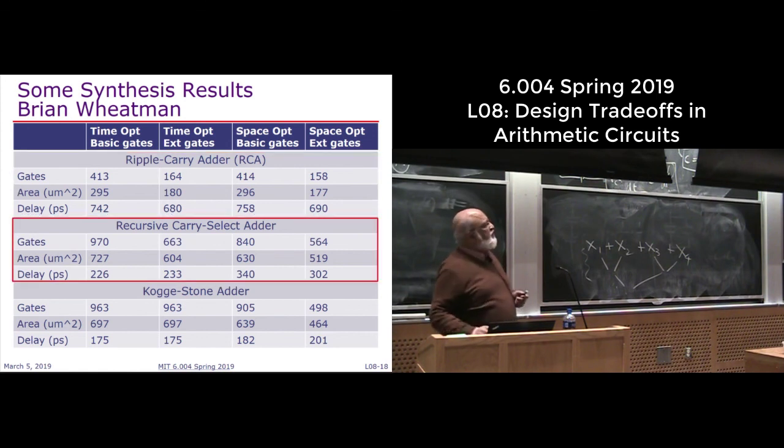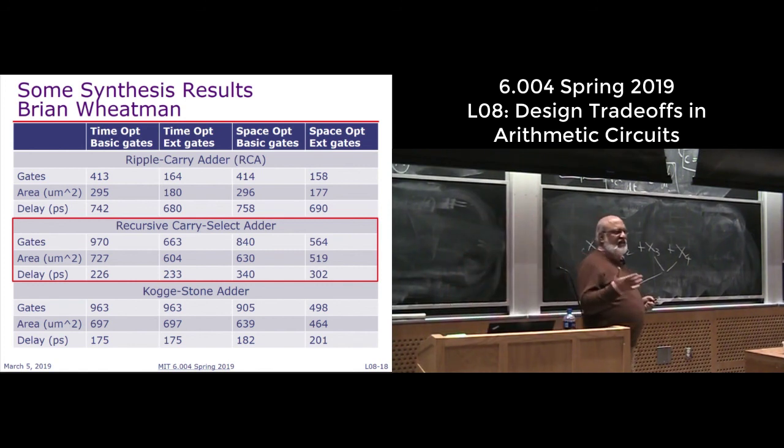All right. Now focus on this recursive carry-select adder which I showed you, and what do you see immediately? If you just stick to basic gates here, humongous number of gates, area 727, regardless of how I do it, right?